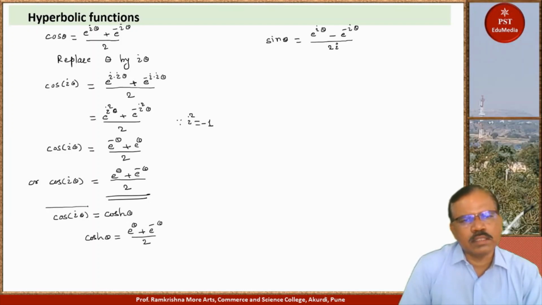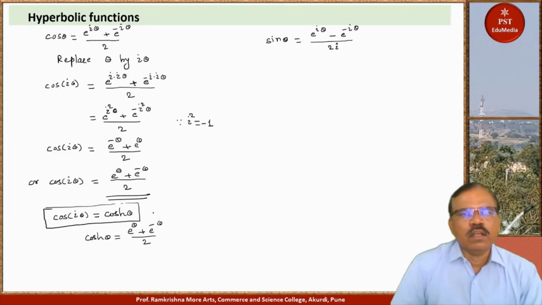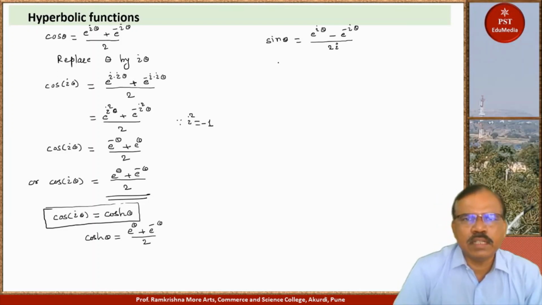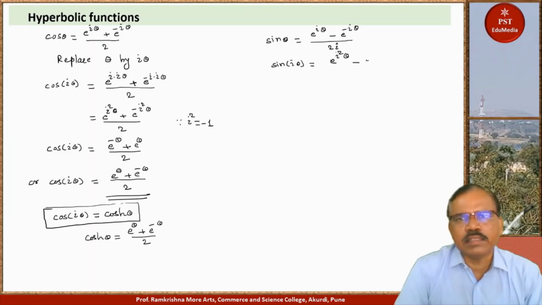So cos i theta is equal to cos hyperbolic theta. Now here in sin theta, if we replace theta by i theta, so what happens here? See, sin i theta is equal to, here we will get e raised to i square theta minus e raised to minus i square theta divided by 2i.